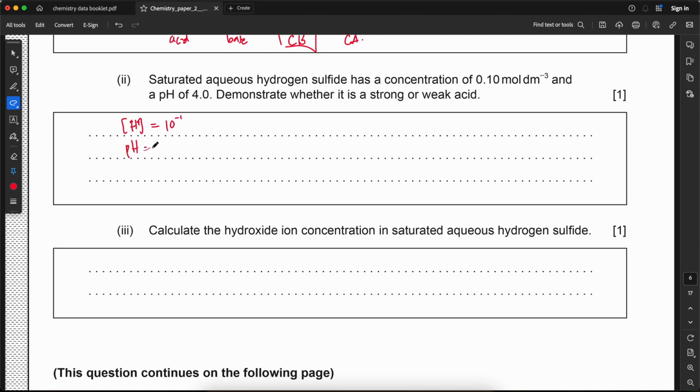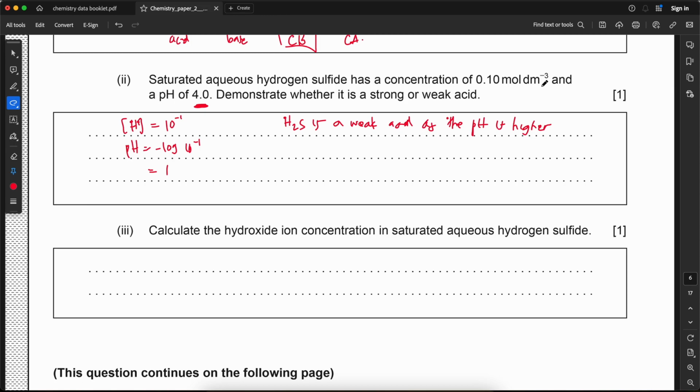So pH will be negative log of 10 to the power negative 1, which is 1. So 1 is for a strong acid, but the pH is 4. Therefore, hydrogen sulfide is a weak acid as the pH is higher.